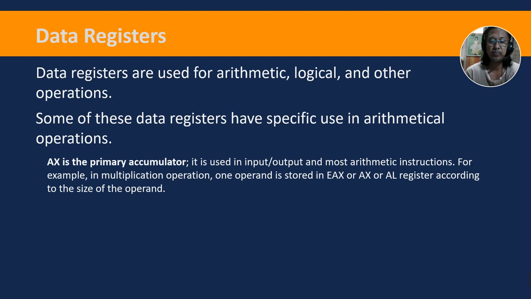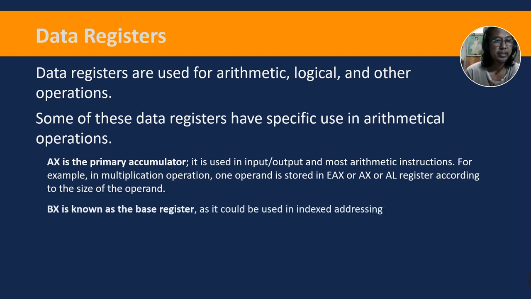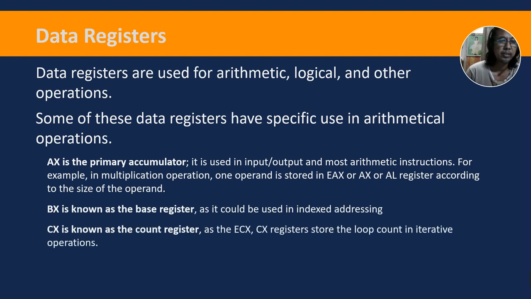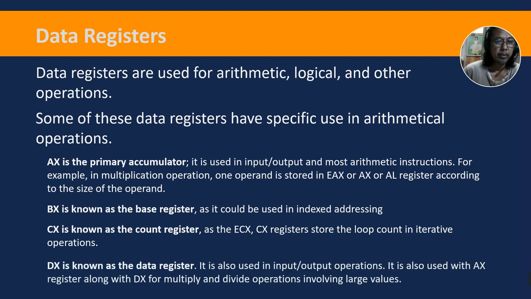Okay, so BX is known as the base register, as it could be used in index addressing. CX is known as the count register, as the ECX register stores the loop count in iterative operations. DX is known as the data register. It is also used in input-output operation.